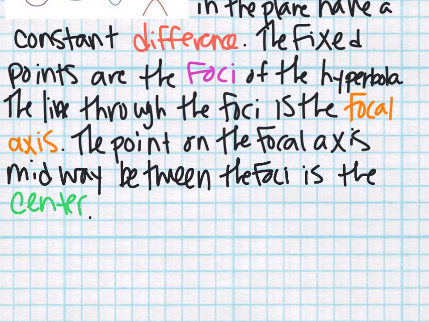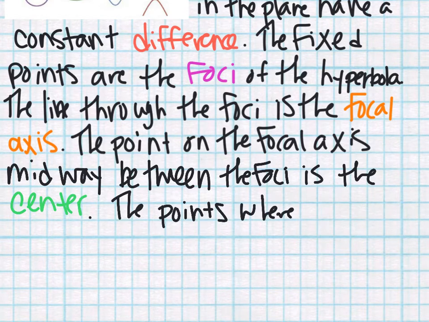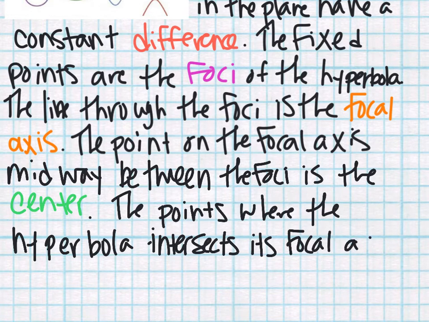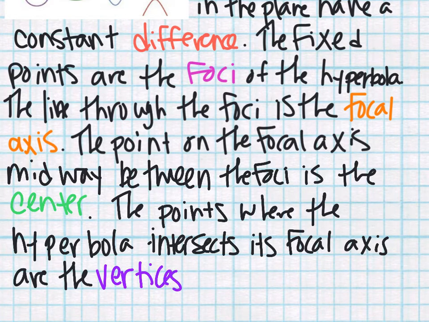The points where the hyperbola intersects its focal axis are the vertices of the hyperbola.